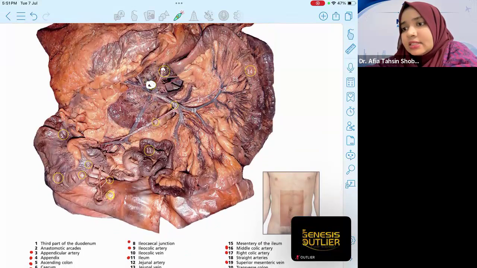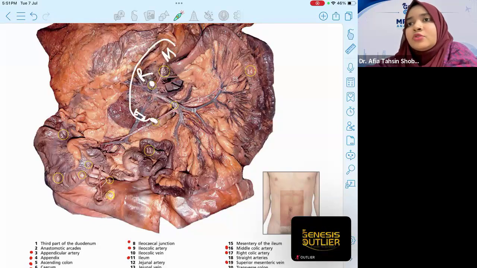We can see the 16 middle colic artery and 9 ileocolic artery. So 16 is M, 17 is R, 9 is I. MRI, the superior mesenteric artery's branches, right?